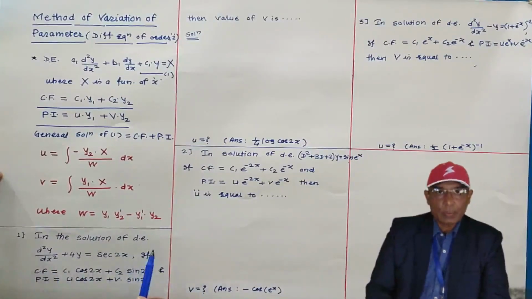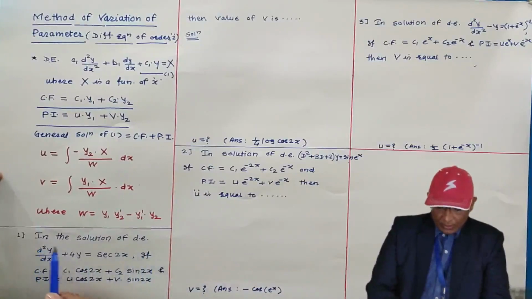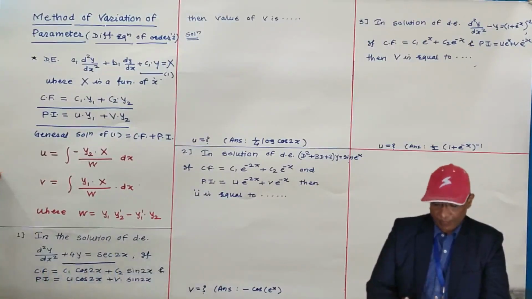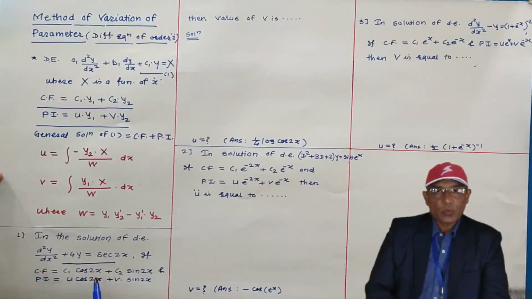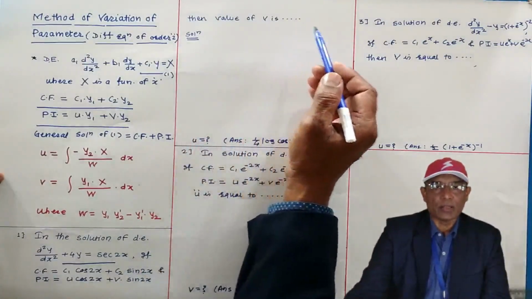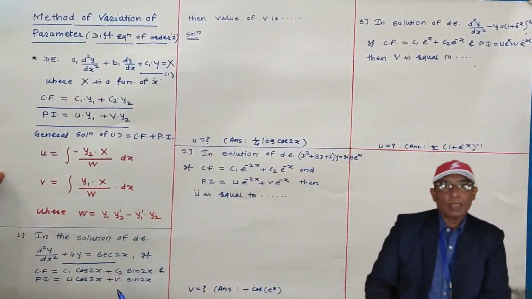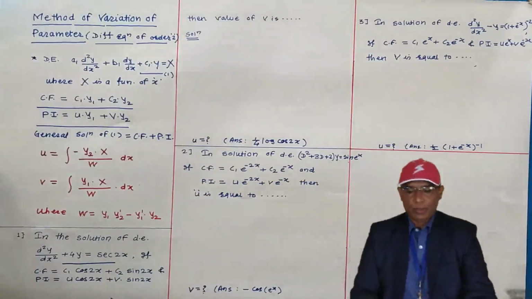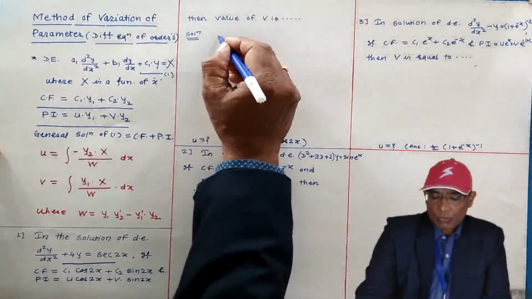See, first question, MCQ. In the solution of a differential equation, if the complementary function is c1 cos 2x plus c2 sin 2x and the particular integral is u cos 2x plus v sin 2x, then the value of v is blank, meaning the value of v is asked. So what is the formula for v?